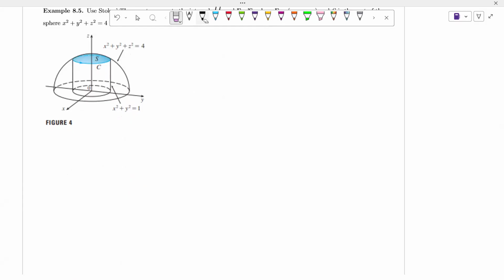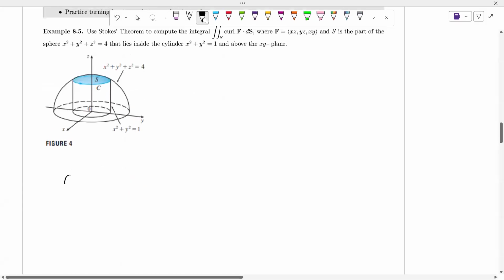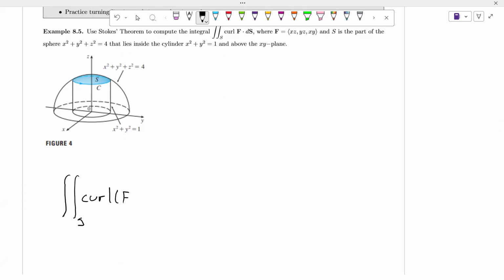So my first thought is to just write that down. So the double integral over my surface of curl of f dot dS is equal to the line integral, and let's call it just partial S for the boundary of that region, of f dot dr, which I could even again rewrite for funsies.